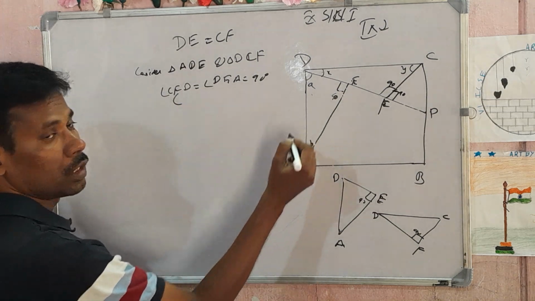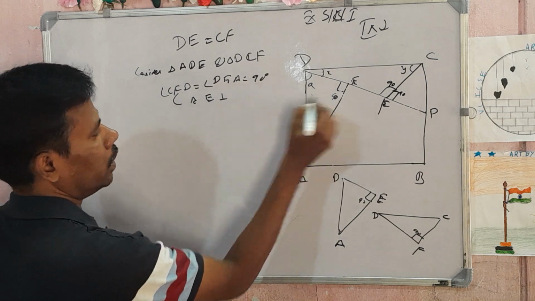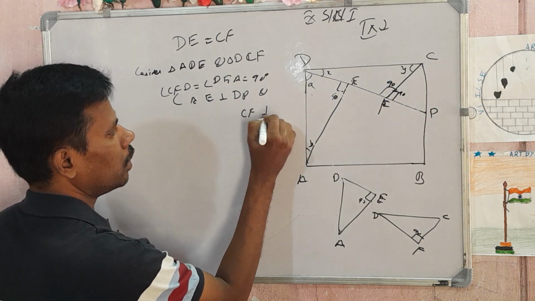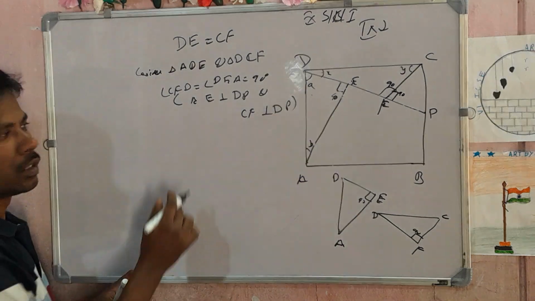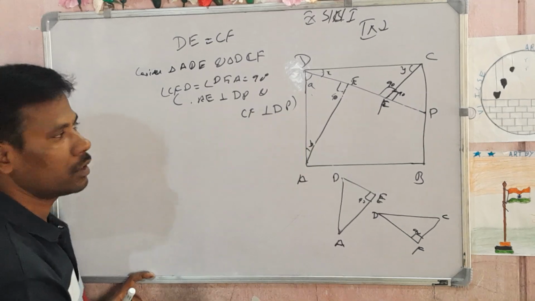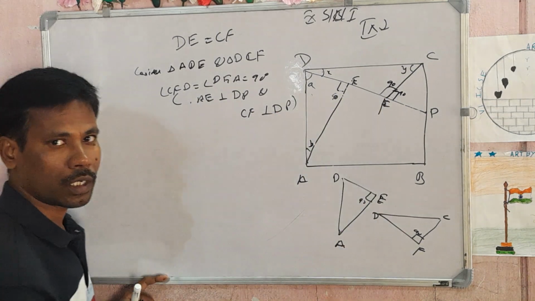Why? Because AE is perpendicular to DP and CF is perpendicular to DP, right? Therefore, this angle 90-90 is over.